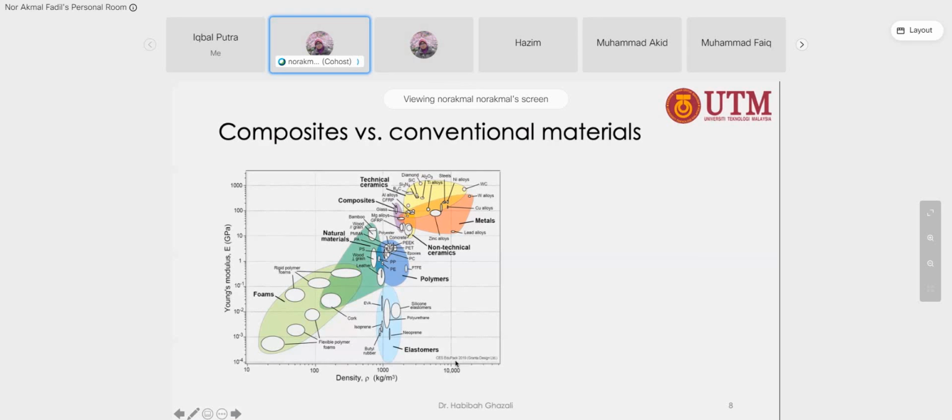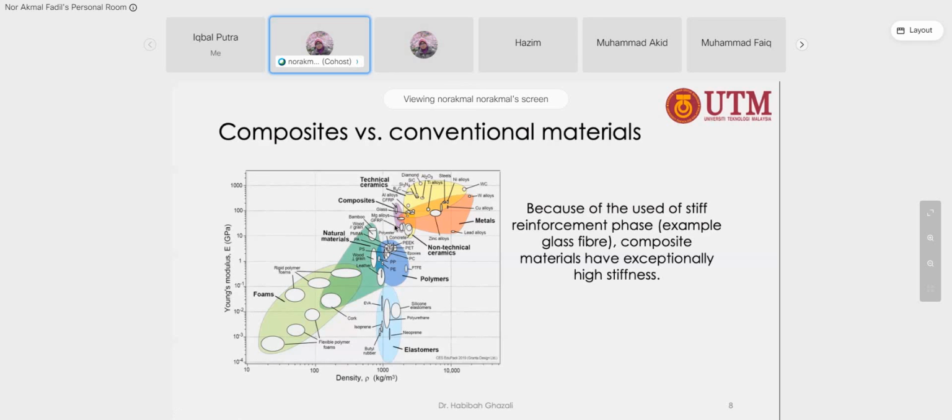This is a log diagram of the density value, so the technical ceramic is multiple times heavier, while the density of the composite is very low. Metals have lower Young's modulus than the composite and are much heavier. This one is composite, the purple color.